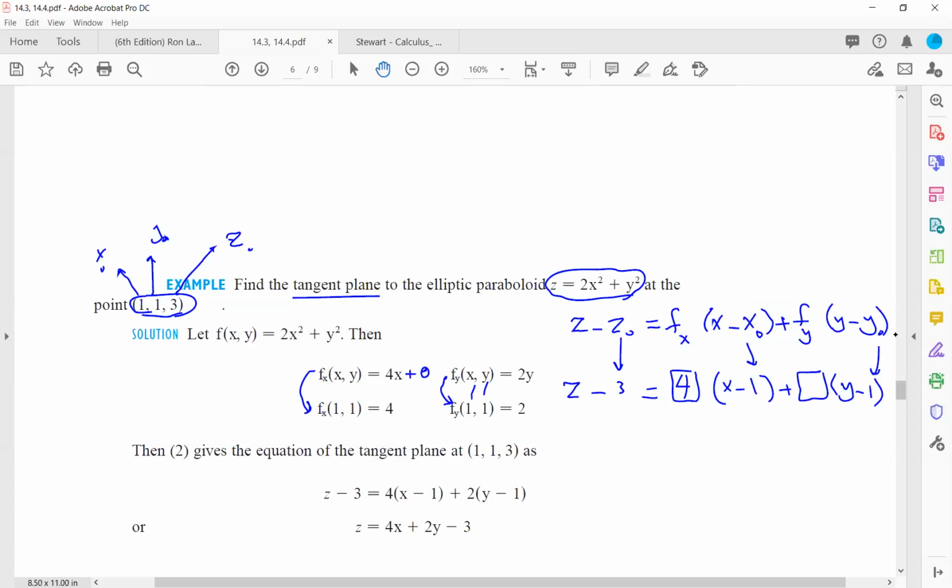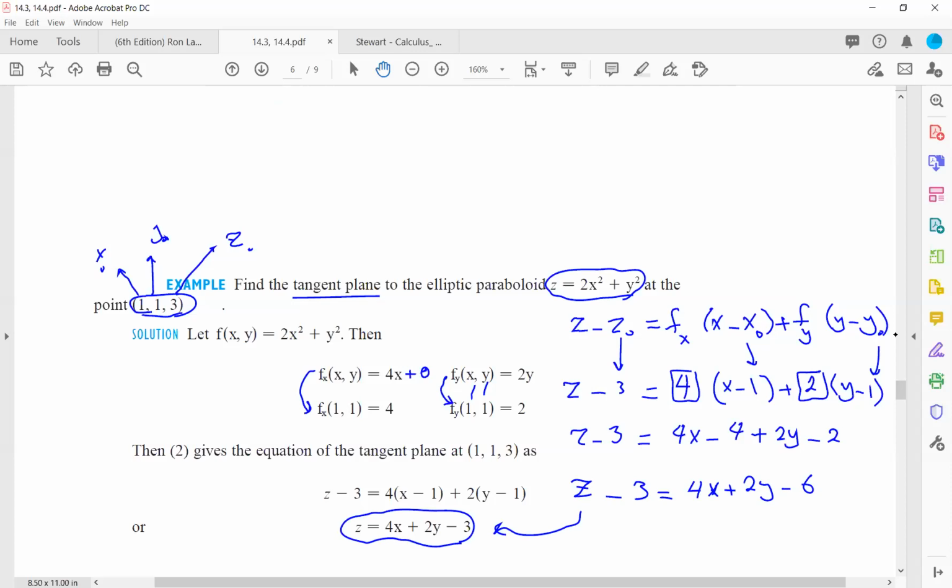Partial derivative of f with respect to y is nothing but 2. So you're done with the calculus part. The rest is algebra. z minus 3 is equal to 4x minus 4 plus 2y minus 2. Let us simplify this and write it in a nicer format. z minus 3 is equal to 4x plus 2y minus 6. So z is equal to 4x plus 2y minus 3.